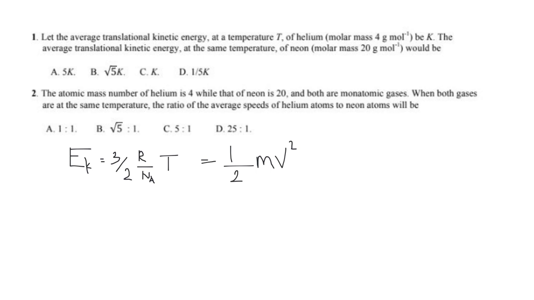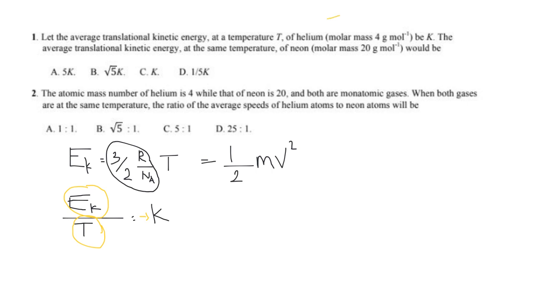Now, if I rearrange this to look at the relationship between kinetic energy, KE, over temperature, it is always going to give you a constant value. This is not going to change. So it doesn't matter if it's the kinetic energy of neon or if it's the kinetic energy of helium, that ratio of EK over T is always going to be the same regardless.